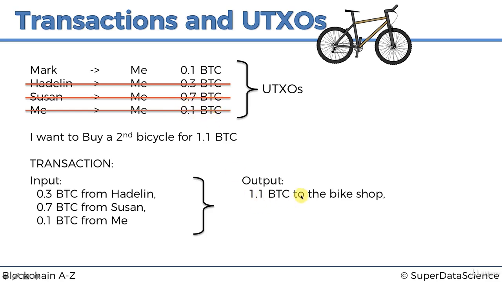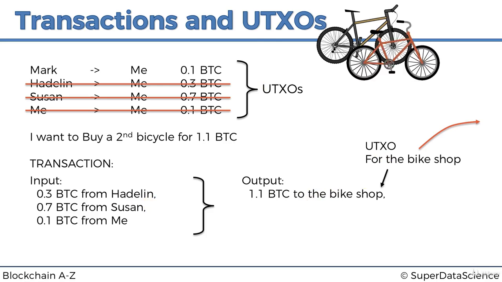On the other hand, the bike shop will have a UTXO. The bike shop will have received this money, and as the result of this transaction, they have a UTXO, and that will go into the blockchain. Whenever they calculate the UTXOs, they'll see this as a UTXO until it feeds into something else. And I will get a bike.